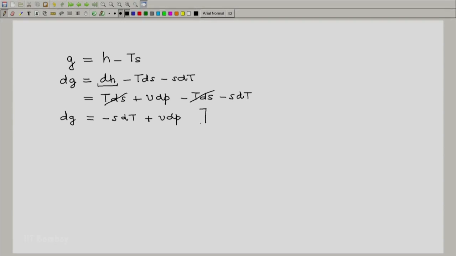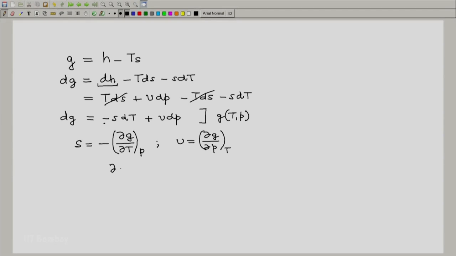So here we can consider G to be a function of T and P, and since the right hand side is also an exact differential as is the left hand side, we should have S equal to minus, because of the negative sign here, partial of G with respect to T at constant P, and V equal to partial of G with respect to P at constant T. And the second derivative relation will turn out to be, note that on one side we have a negative sign, on this side we do not have a negative sign.